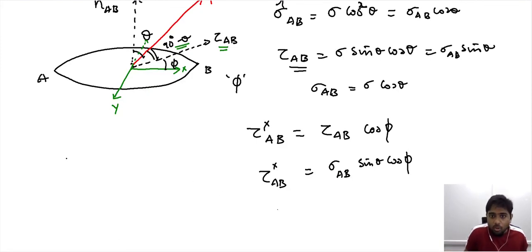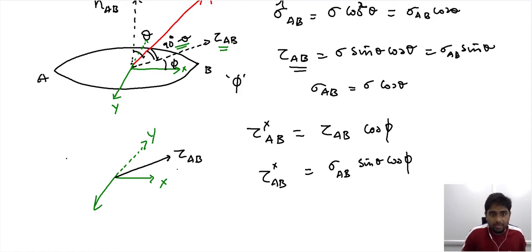Now when you express these reference systems, we have the y-axis, which is extended here, and you have your x-axis, and in this direction is the shear component of stress that is acting. This is the surface of AB and I have redrawn it here.